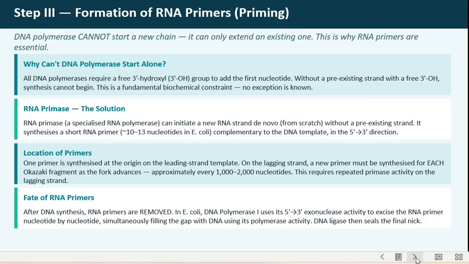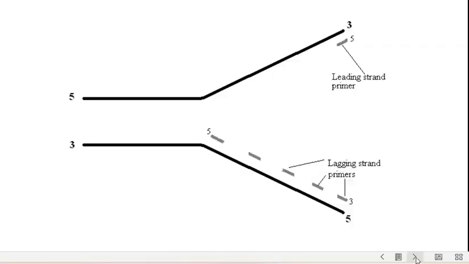Now, I want us to look at step 4. Step 4, we are simply looking at leading strand synthesis and lagging strand synthesis.